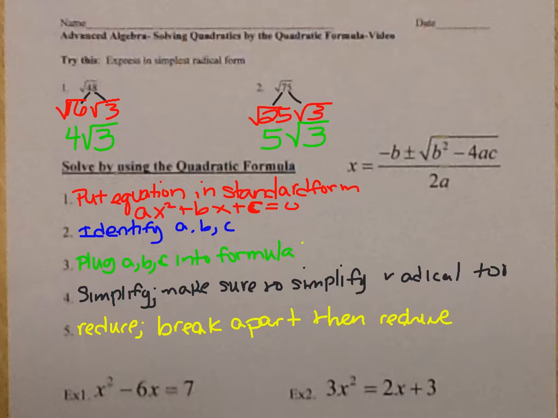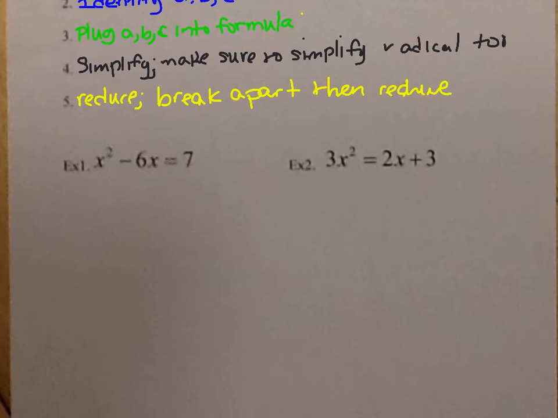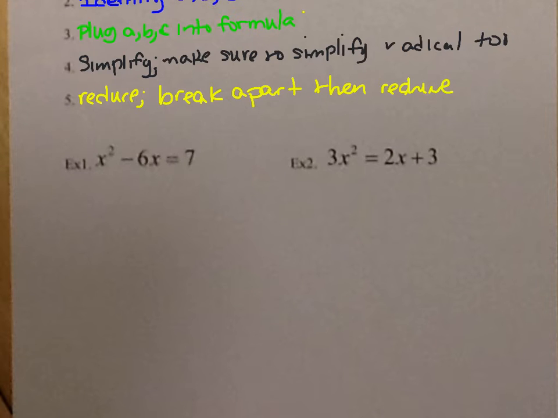Okay, so let's take a look at the first one. I'm just going to write the quadratic formula right here so we can see it. So it's x equals negative b plus minus the square root of b squared minus 4ac all over 2a. Okay, so number one, we have here x squared minus 6x equals 7.